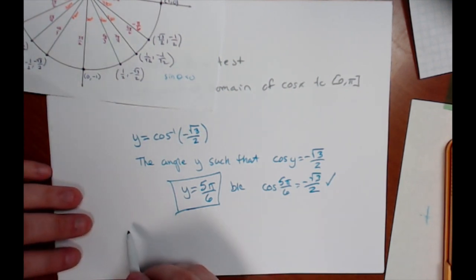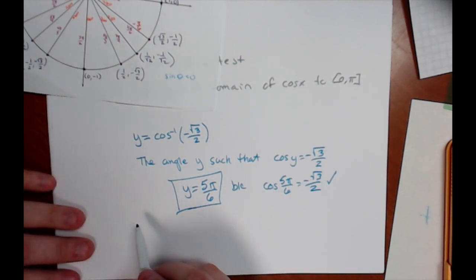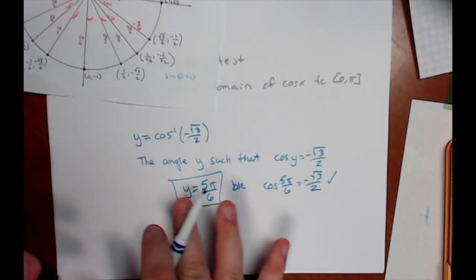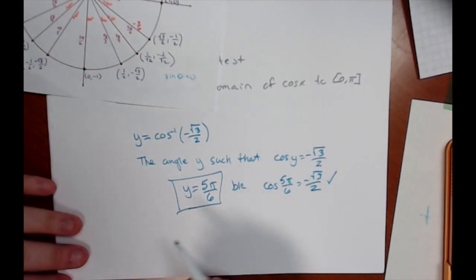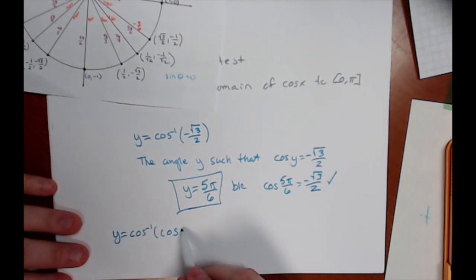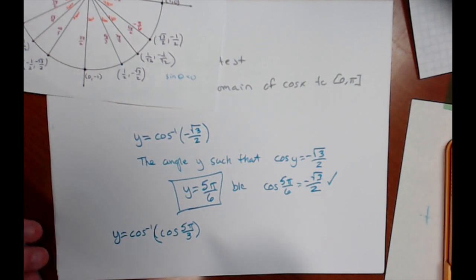And if we have, say, another example, because again, it's not so much being able to graph them, but being able to work with these as functions. If we have y equals arc cosine of cosine of 5 pi over 3, what do we get?